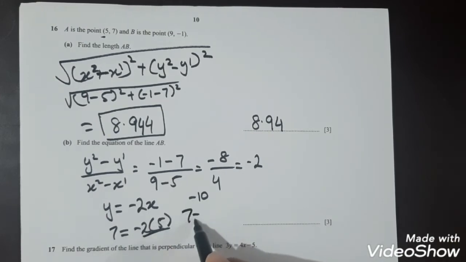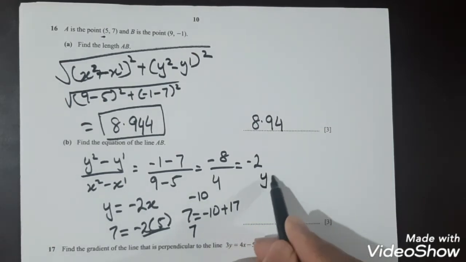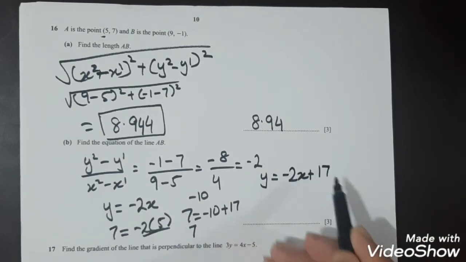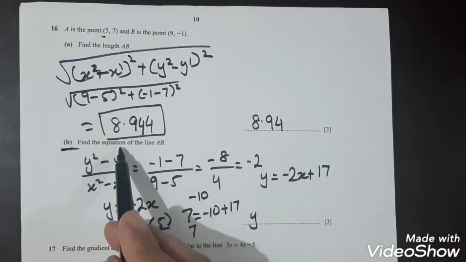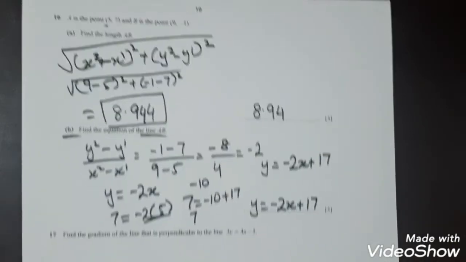So 7 is equal to minus 10 plus 17, which will be positive 7. So the equation will be y is equal to minus 2x plus 17. So the final answer for the equation of the line AB is y is equal to minus 2x plus 17.